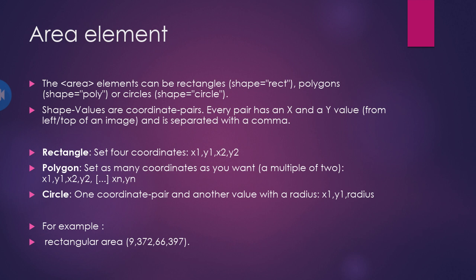If you want to use polygon, you write shape equals, in double quotes, poly. Or if you want to use circle, you write shape equals circle in double quotes. This way you can write whatever shape you want to use.